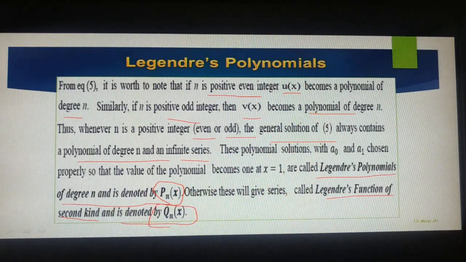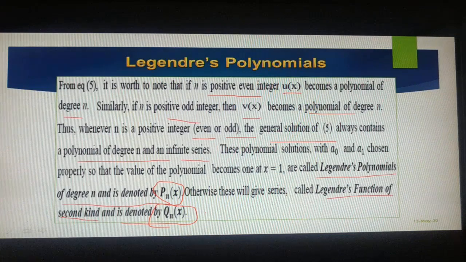This type of solution we don't have in our curriculum. If you don't have integer powers in your series, we can't represent that solution in terms of Legendre polynomials. Keep that in mind. In our curriculum we have only Pn of x, nothing but Legendre polynomials.